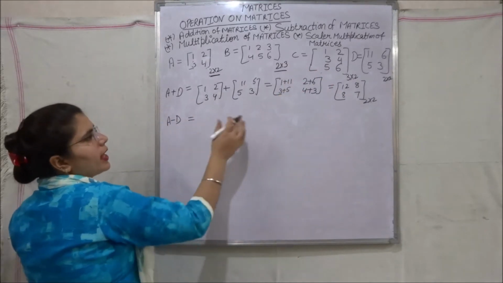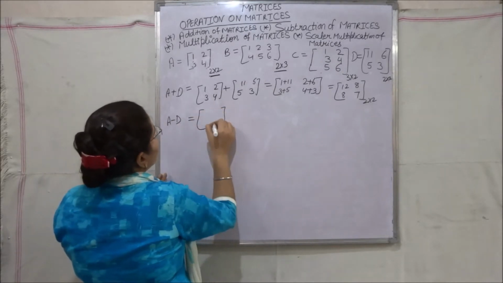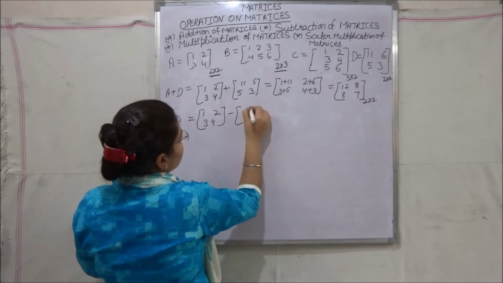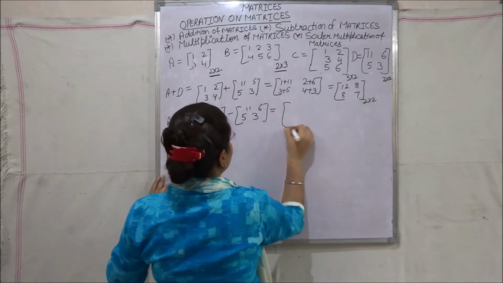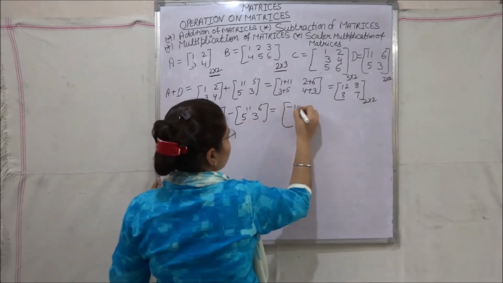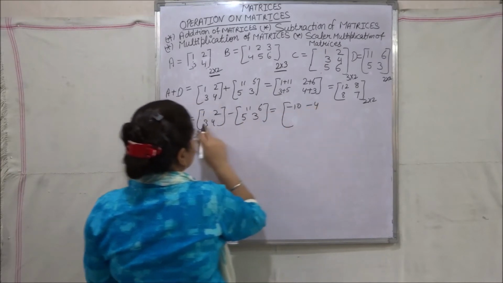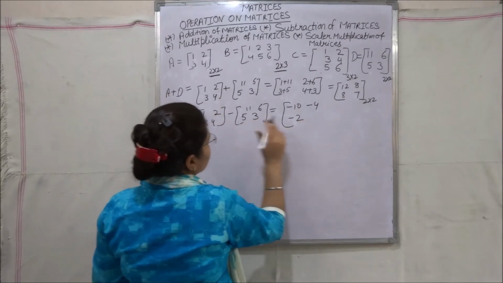So we will subtract A and D. Matrix A is 1, 2, 3, 4. After subtracting we get 1 minus 11 will be minus 10, 2 minus 6 will be minus 4, 3 minus 5 will be minus 2, 4 minus 3 will be 1.